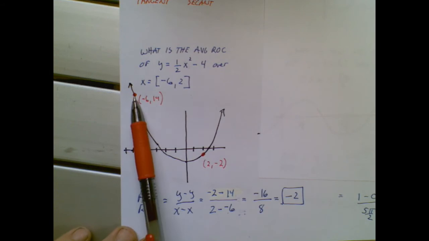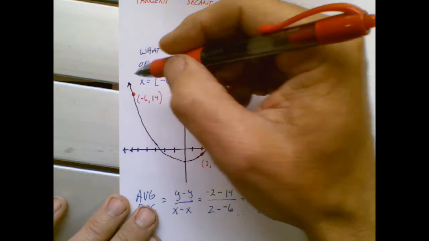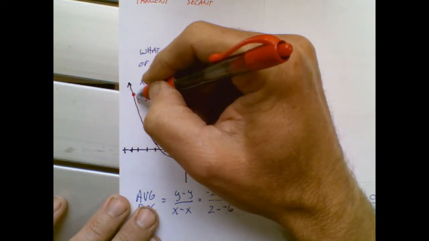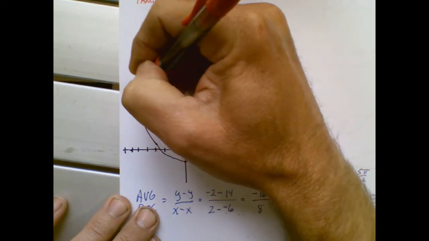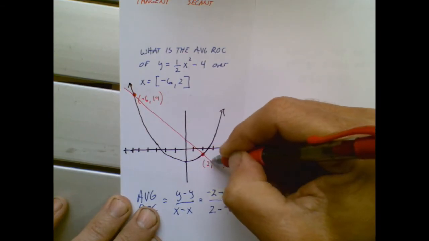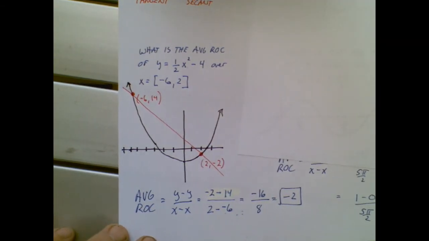So I went ahead and made the actual coordinates there. And if I want to find the average rate of change, literally all I'm doing is finding the slope of this secant line. There's the line that goes through those two points. If I can find the slope, I've got the average rate of change, and my eyeballs tell me that slope is negative, so my answer better be negative.